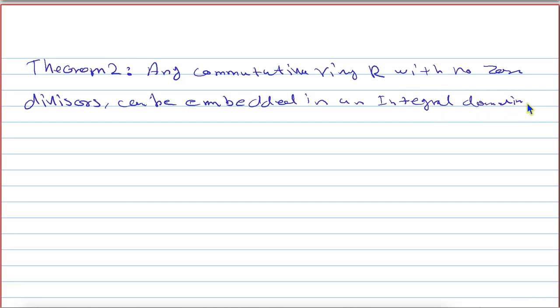Remember that an integral domain is a ring with multiplicative identity, and it is commutative and has no zero divisors.